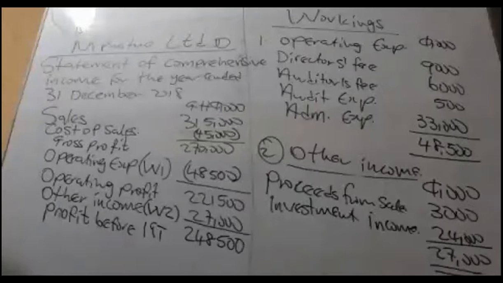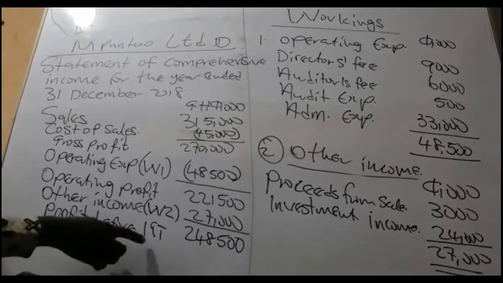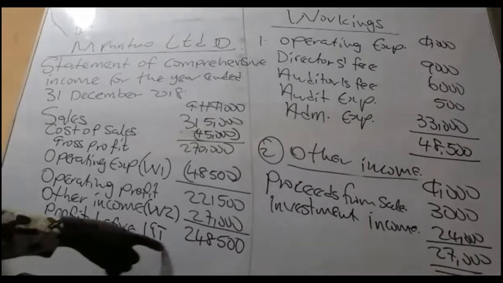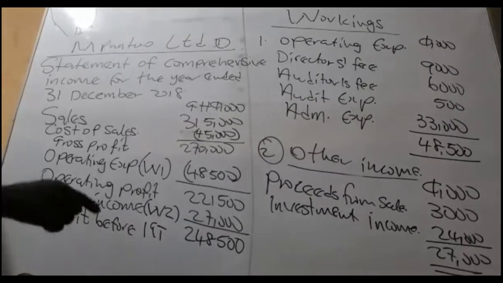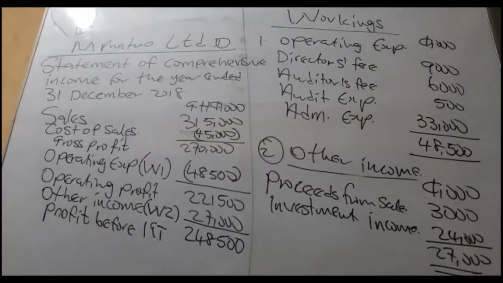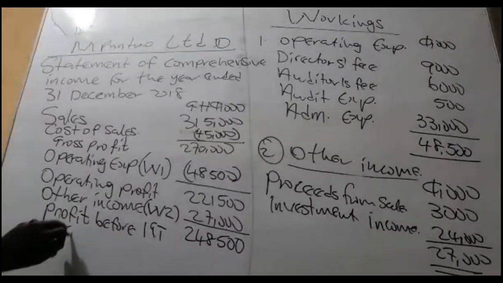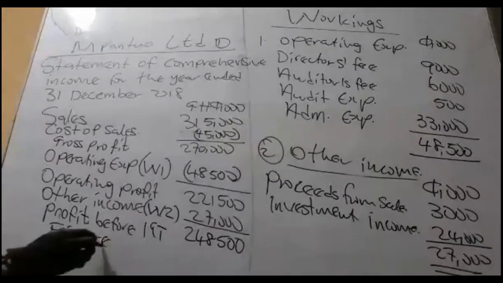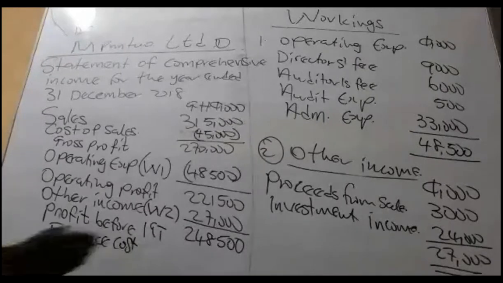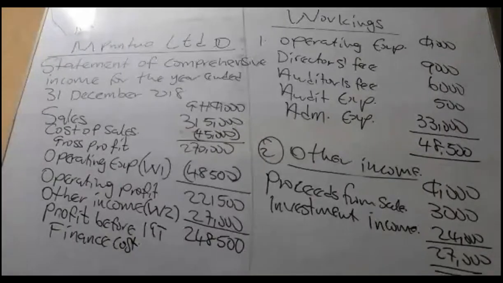So this profit is before what? Interest and tax. So where's your next destination? You are going to interest. Good. So interest, we will call it finance cost.